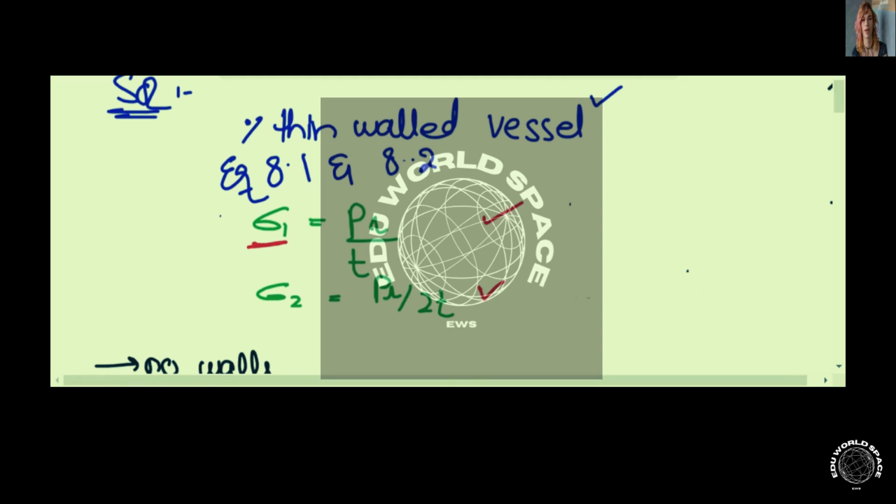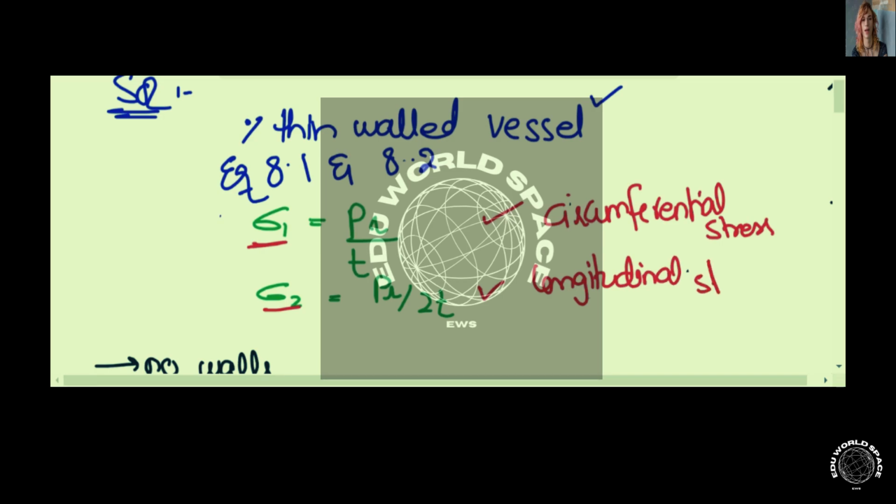Now, sigma sub 1 is the circumferential stress, and sigma sub 2 is the longitudinal stress.